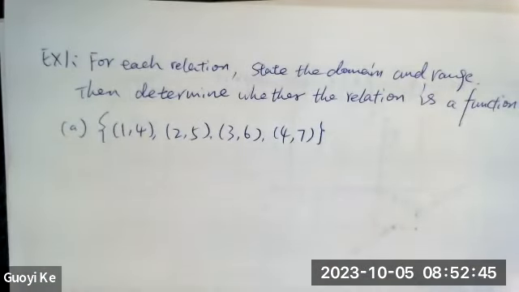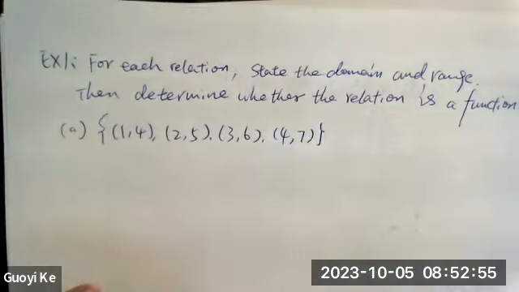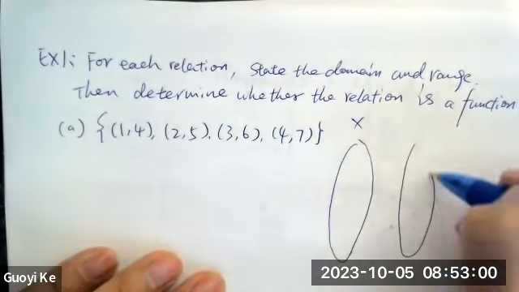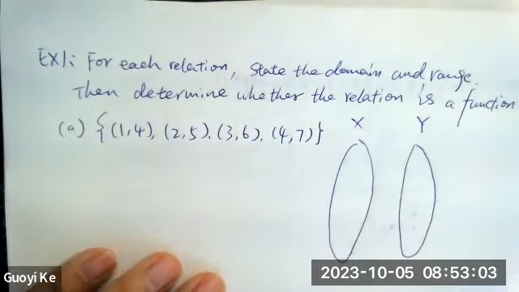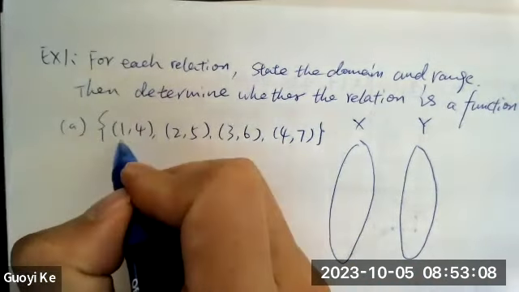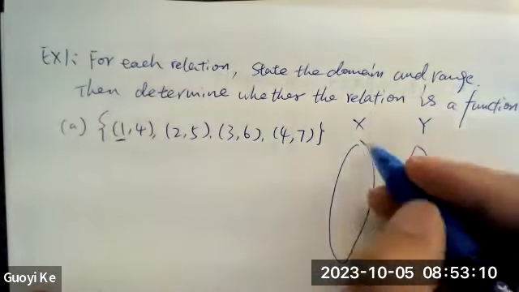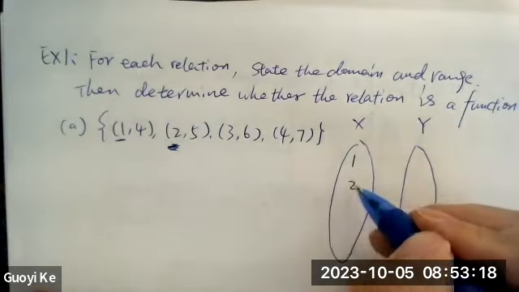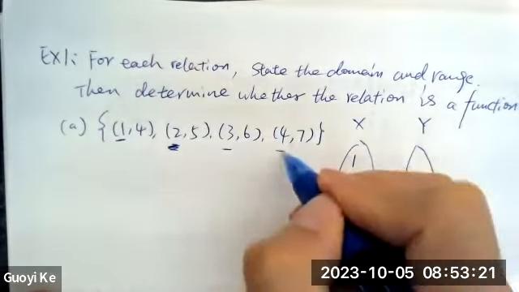So first of all, given these points or coordinates, we have pairs of coordinates. So basically, you will put all of them in the x set and the y set. For the first point, the x coordinate is 1. For the second point, the x coordinate is 2. Here's a 3. Here's a 4, right?